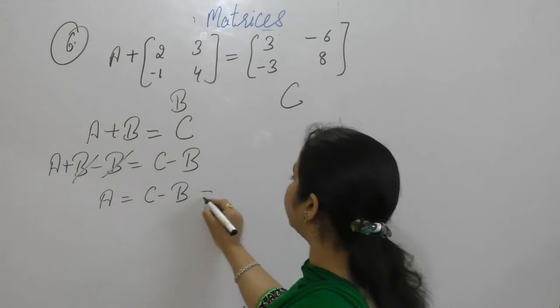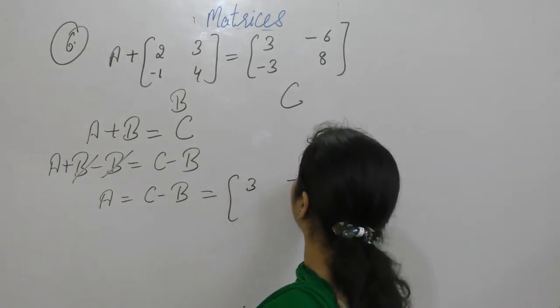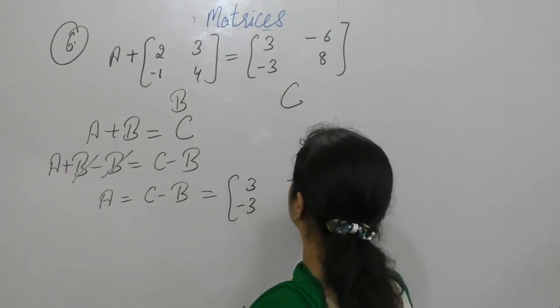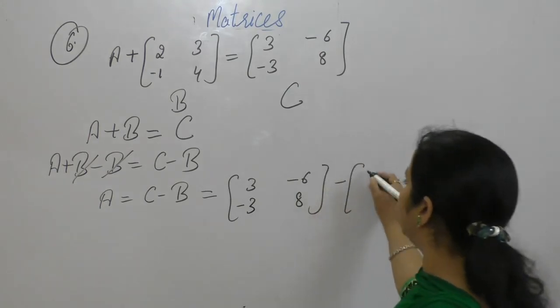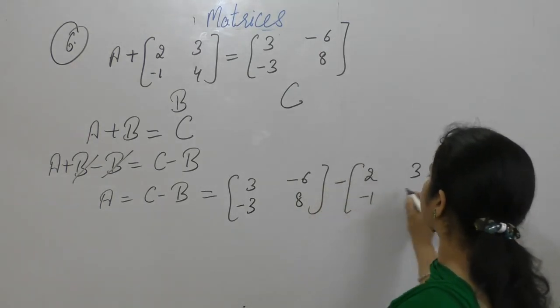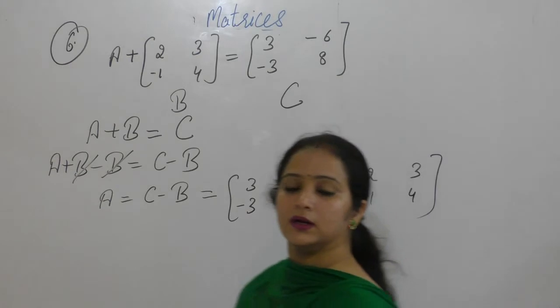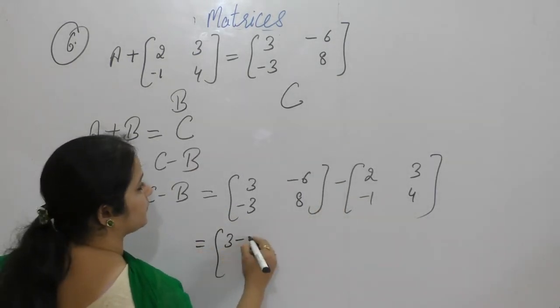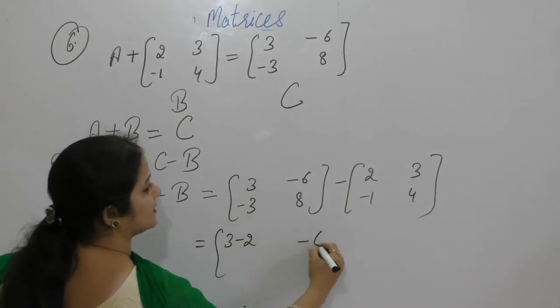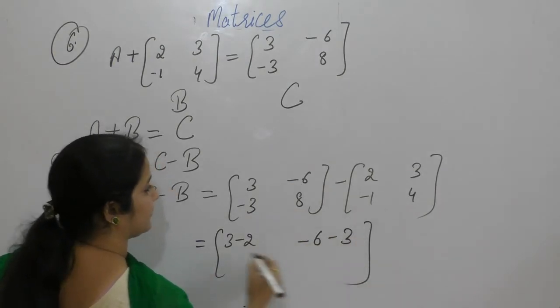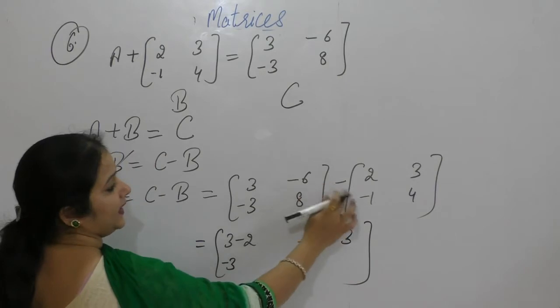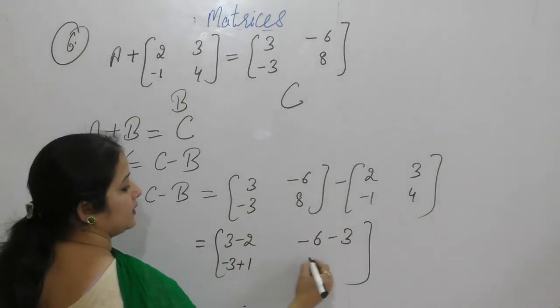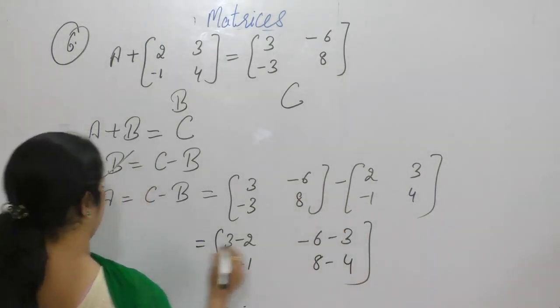So what are the elements of C? 3 minus 3, minus 6 8, minus B, which is 2 3 minus 1 4. Now solve this matrix: 3 minus 2, minus 3 minus 3, minus 6 minus minus 1, 8 minus 4.